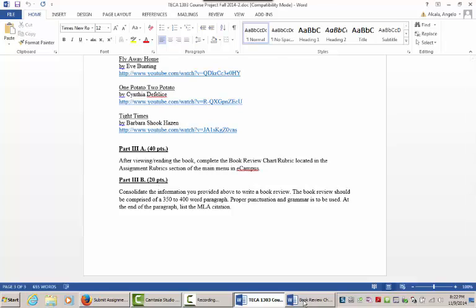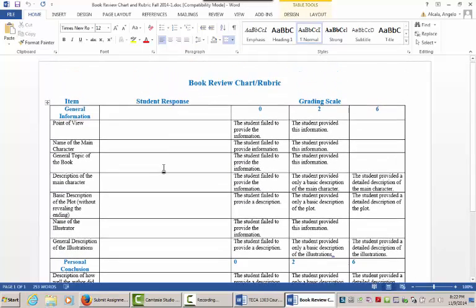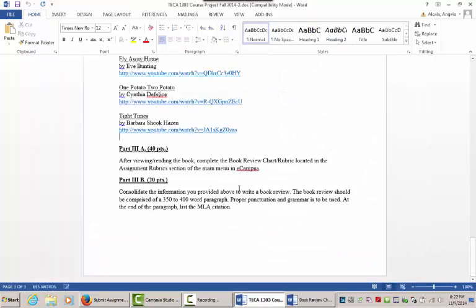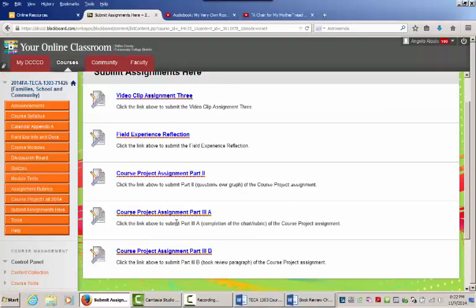What you are to do is basically you're to take this information that you listed here, the book review chart and rubric, and you are then to consolidate the information and write a book review. You're basically going to write a paragraph of about 350 to 400 words, and make sure you use proper punctuation and grammar. And then once it's completed, you may want to go to the Academic Skills Center to have them review that before you submit it.